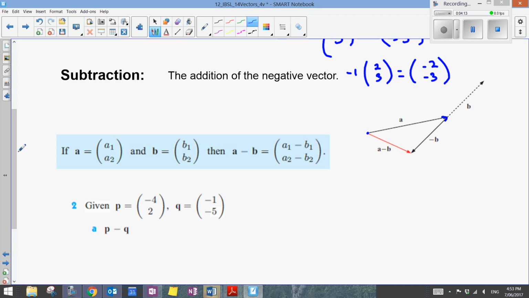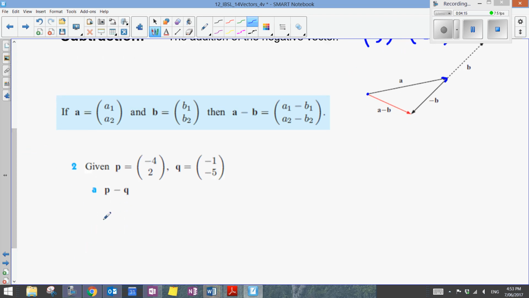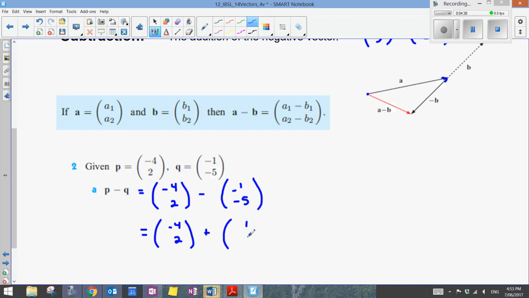So when we subtract vectors, we're really doing the same thing. So P minus Q, which is really saying -4 minus -1. So we're really just taking the -4 and the 2, and we're adding the opposite vector, so +1, +5.